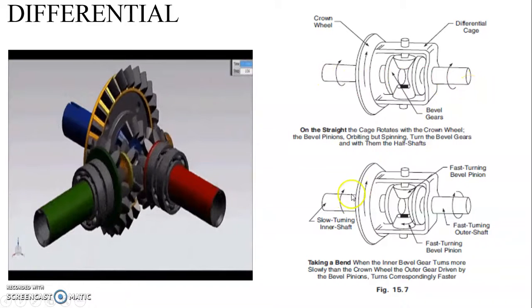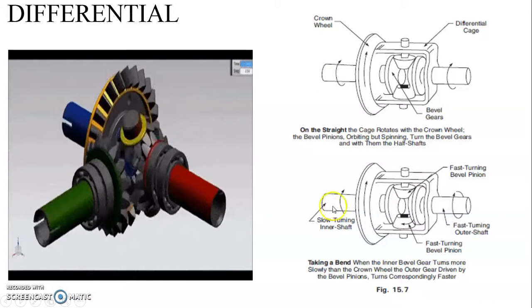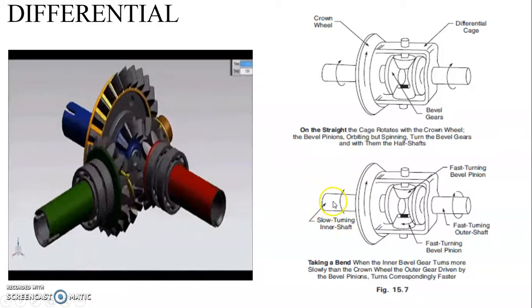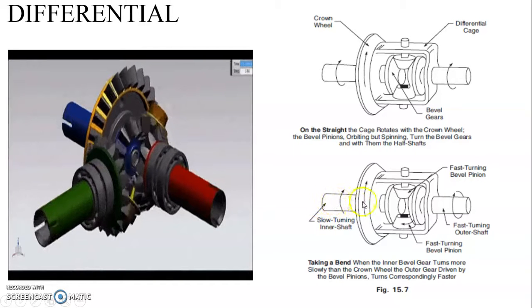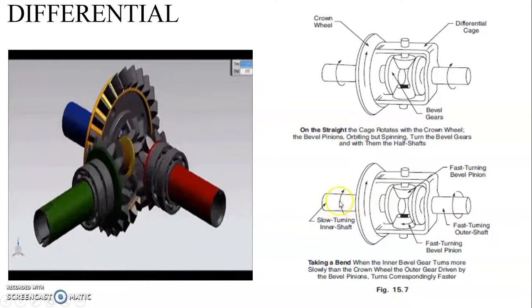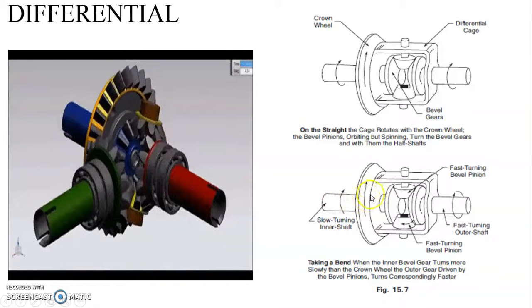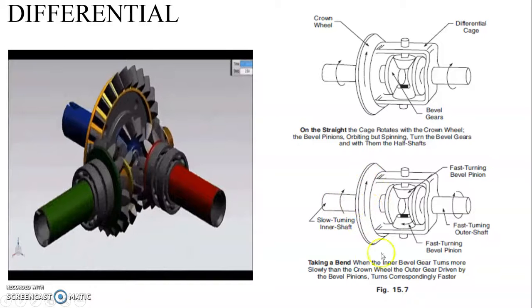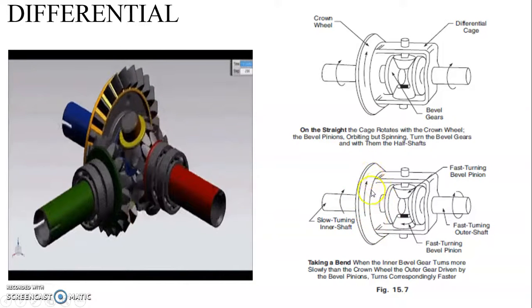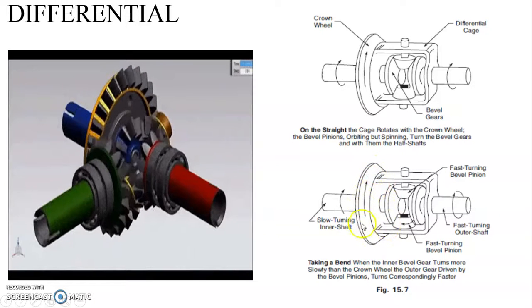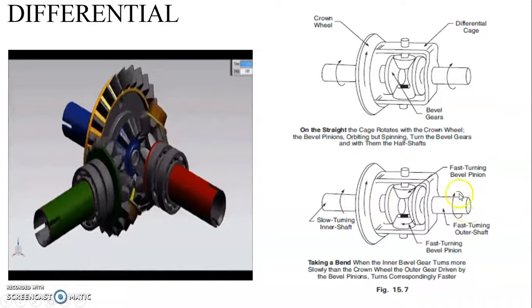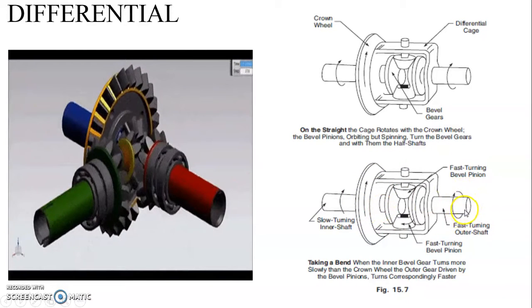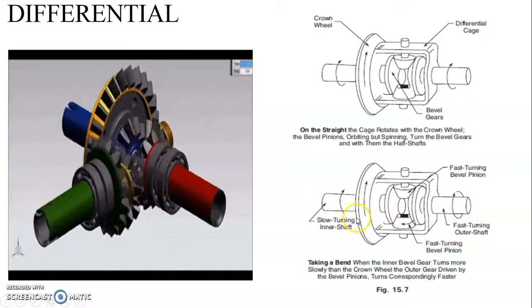But when you have to make a turn, the inner wheel has to travel a shorter distance. When this inner wheel has slow speed, capital N, the average speed of the vehicle, is the crown wheel's rotation, and the outer is average plus small n rpm, while the slower one is average minus small n rpm.